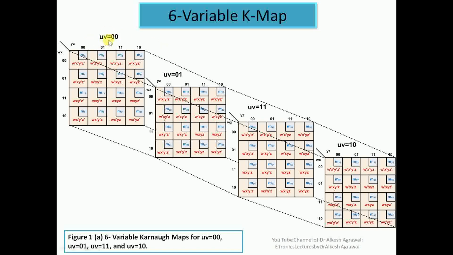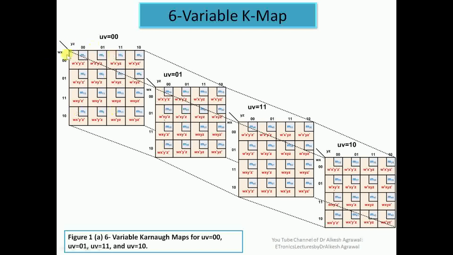Since we have 2 bits, we have 4 different combinations, and these combinations are in gray code. The 4 variables W, X, Y, Z are depicted inside the maps, where WX are depicted in gray code, the YZ are also depicted in gray code, and so on. There are 64 minterms plotted in all 4 different maps.